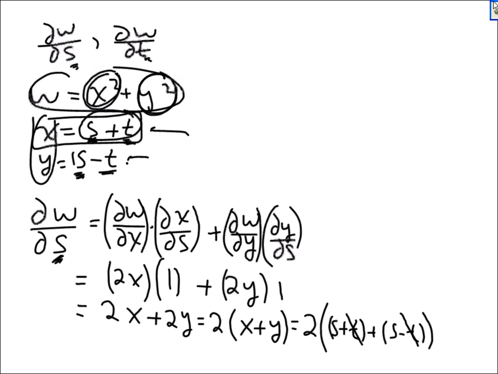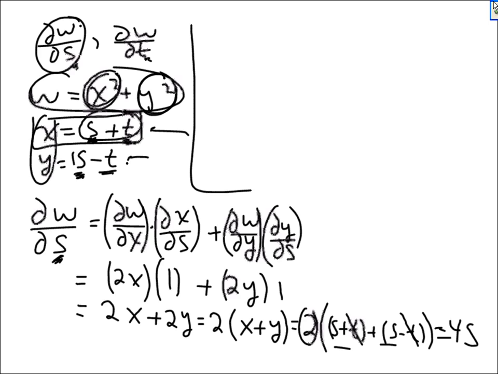Fortunately, the t's cancel, and s plus s is 2s times the 2 in the front gives us 4s. So that half of the problem is done. That is, we found partial w with respect to s.